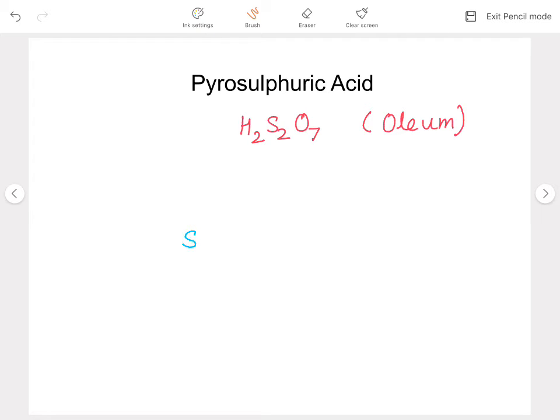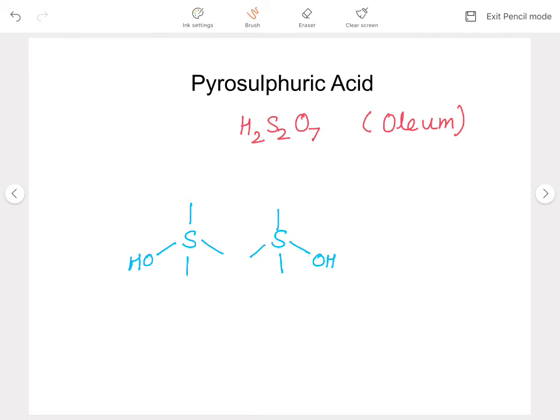This is formed when 2 molecules of sulfuric acid join together with the loss of 1 water molecule. So we have 2 sulfur atoms with valencies in a tetrahedral manner. Then 2 hydrogens are there which will form 2 OH bonds with the 2 sulfur atoms.